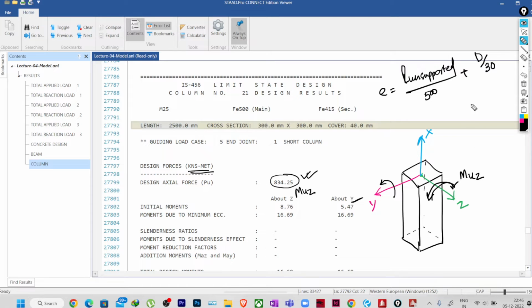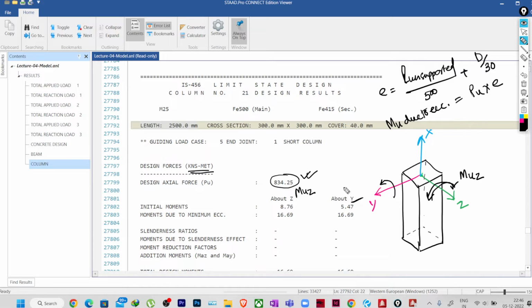So means the dimension by 30, and the eccentricity moment, so you can say Mu due to eccentricity, it will be Pu multiplied by my eccentricity, whatever eccentricity I am considering, okay.